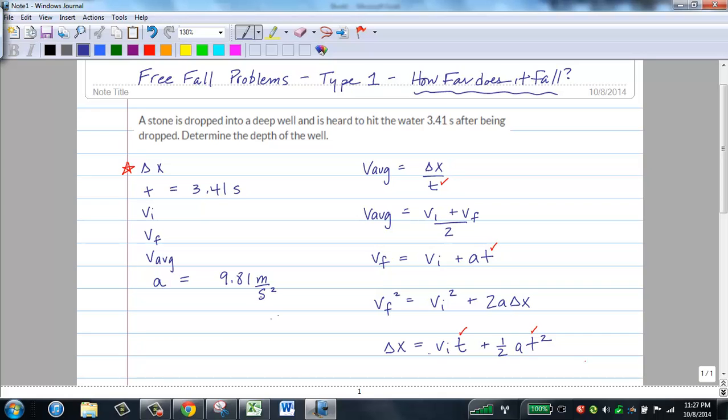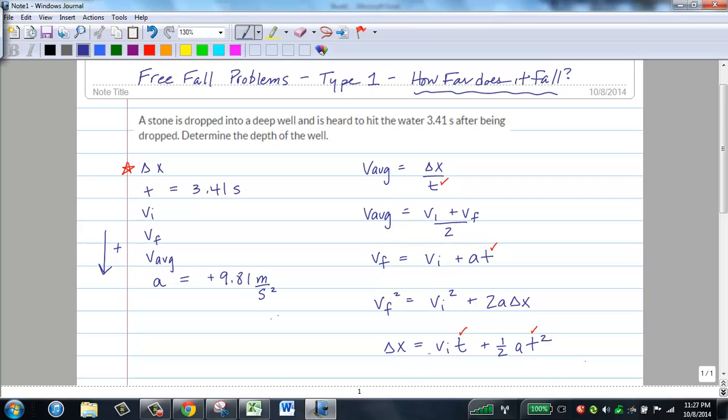We're going to take that as a positive value in this problem, which means that we're taking downward to be the positive direction. Now, it might seem more conventional to take up as the positive direction and down as the negative direction, and in some problems we might do that. But in this problem, the object is only moving down, so it makes sense to take the direction of motion as the positive direction.